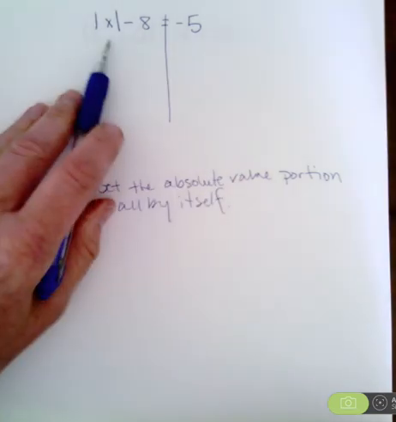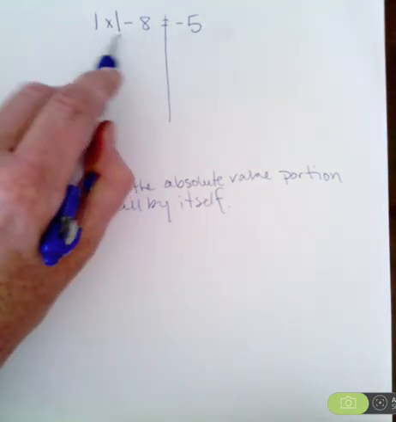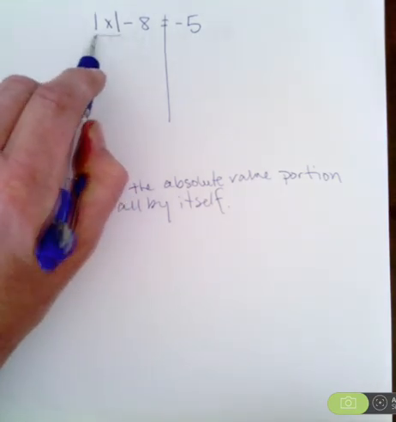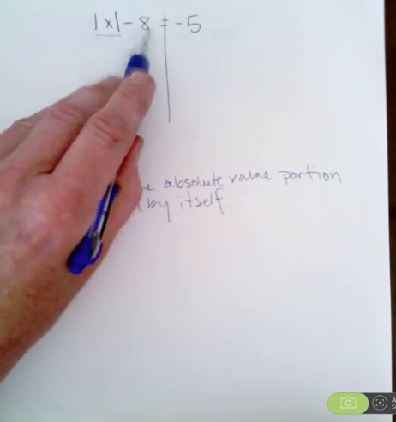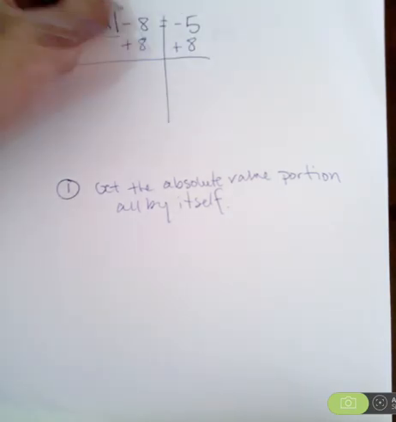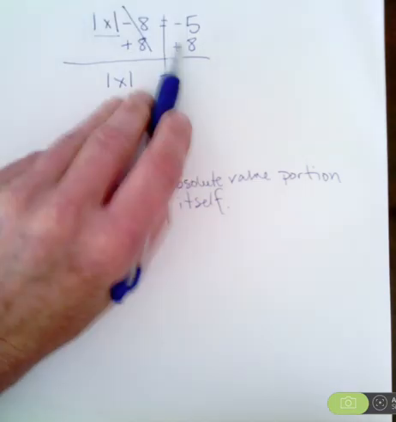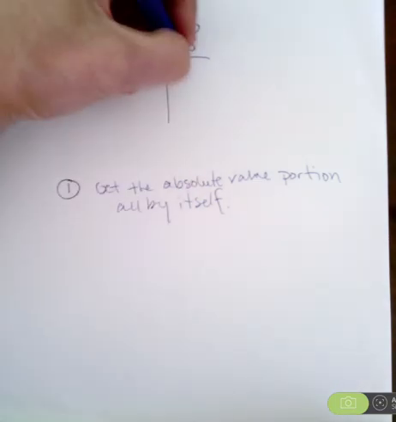That means in a problem like this, I'm going to keep this part. And I'm going to do my addition or subtraction. So I'm going to combine like terms, and you're fabulous at that. So -5 plus 8 is equal to 3.